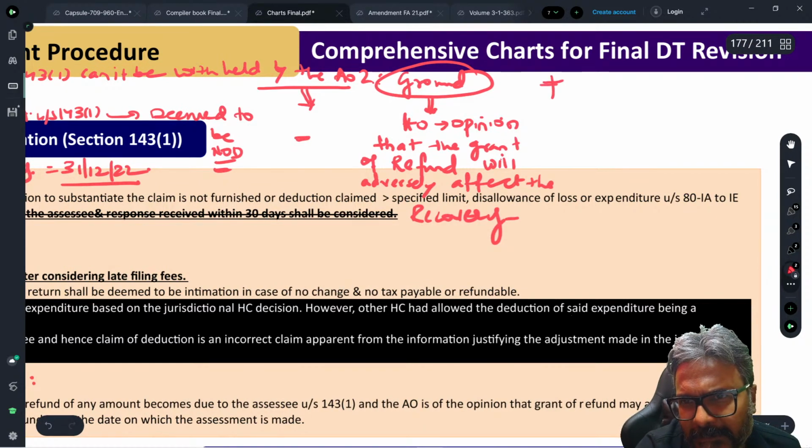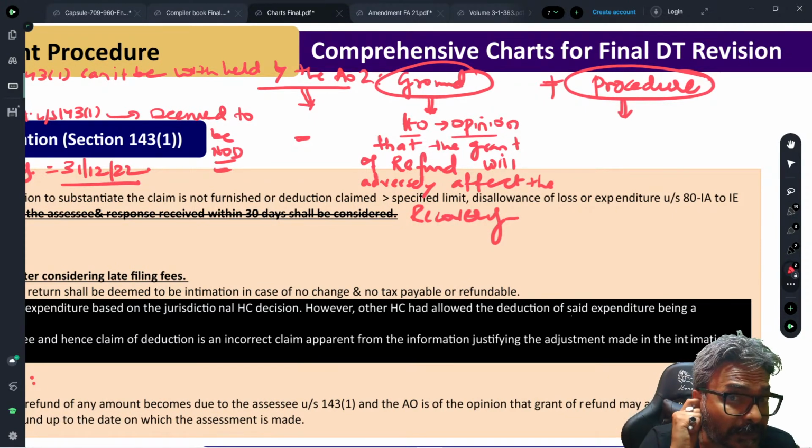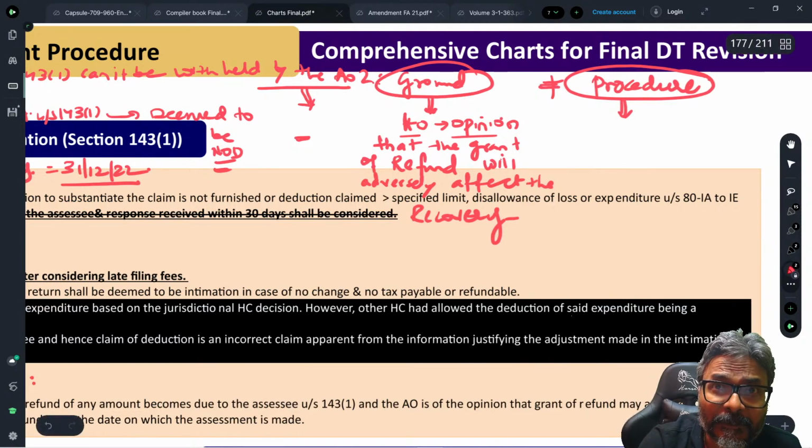Then in that case, what is the procedure that they need to follow? So here the AO is of the opinion that the grant of the refund will adversely affect the recovery. And now what is the procedure that needs to be followed in this case? There are 2 procedures.